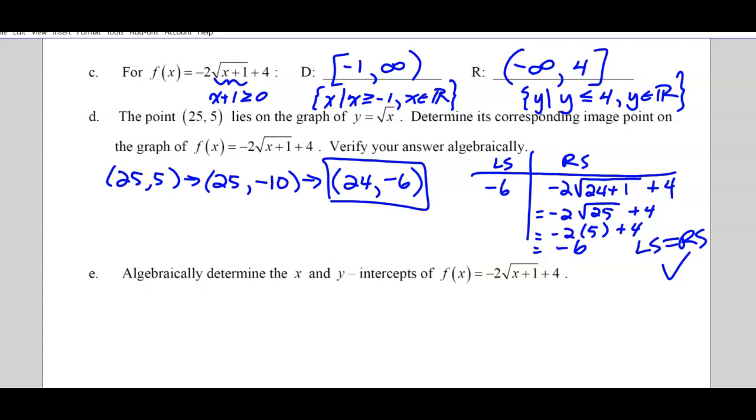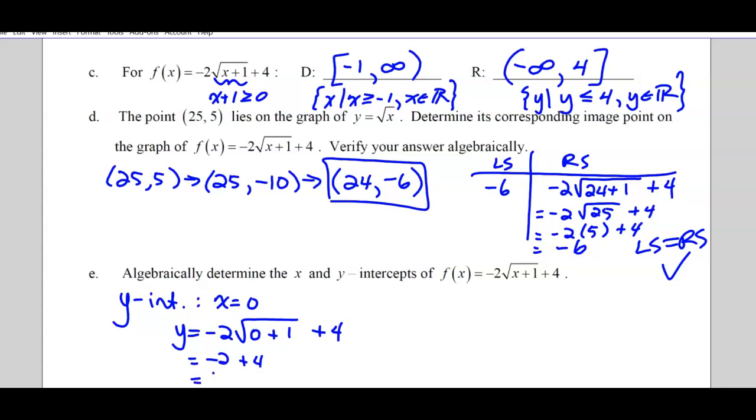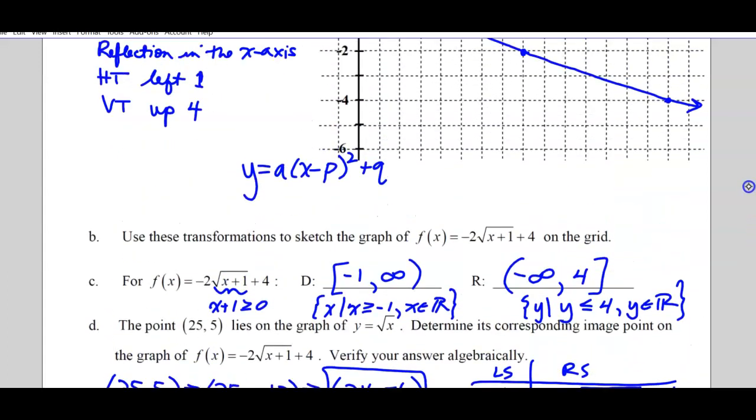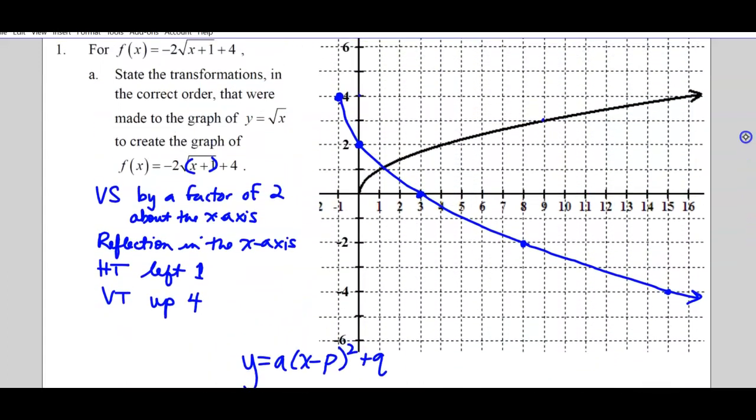Okay, algebraically determine the x and y intercepts. Y-intercept is the easiest, right? That's when x is 0. Check on your graph. Was the y-intercept 2?